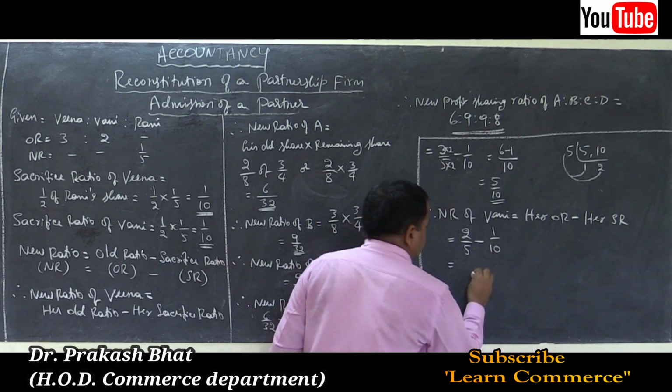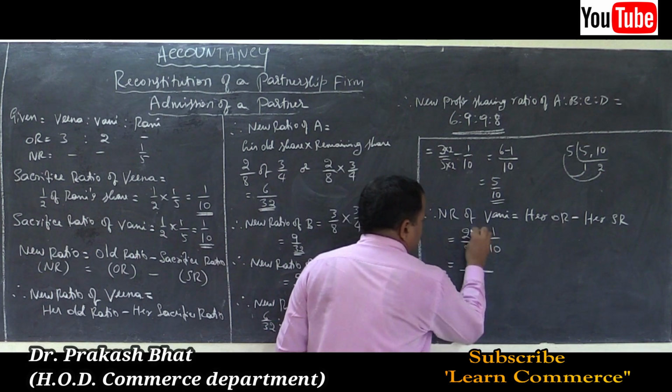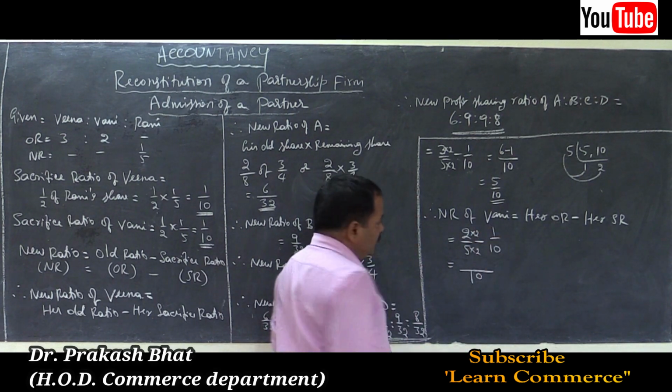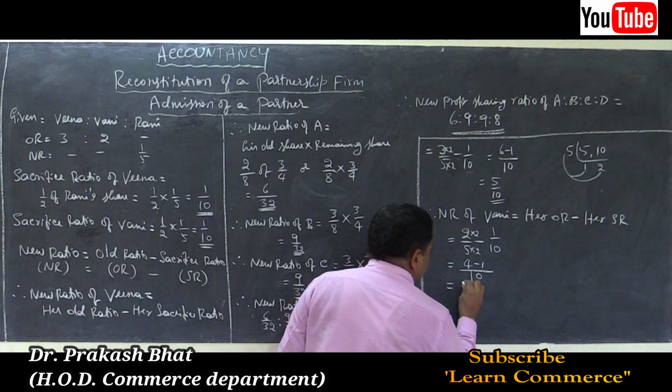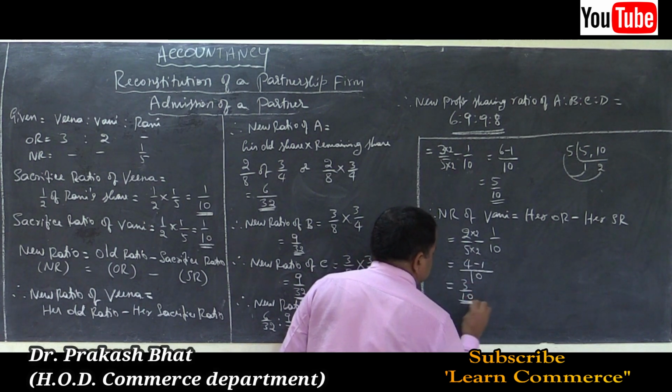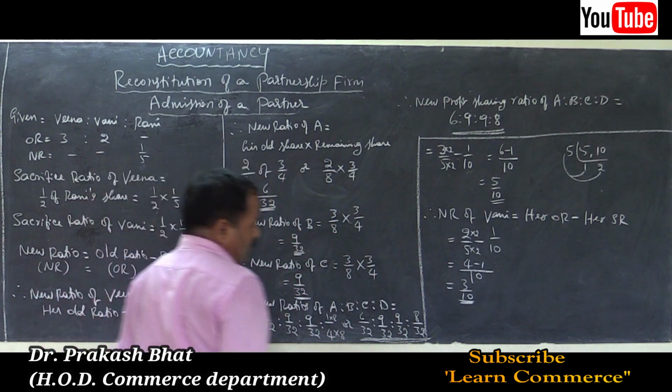Take 10 as the common denominator. 5 twos are 10, multiply the numerator also by 2. So, 2 twos are 4, minus 1, is equal to 3/10. This is the new ratio of Vani.